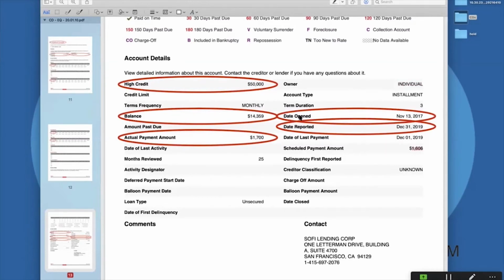And then notice you've got date opened, but this is the date reported. Again, we recommend you find out, even for your installment loans, when that reporting date is, and go to the installment loan episodes for ways that you can get tripped up. There are some people who pay off their loan, right?